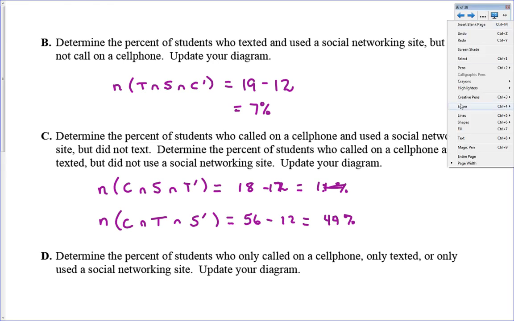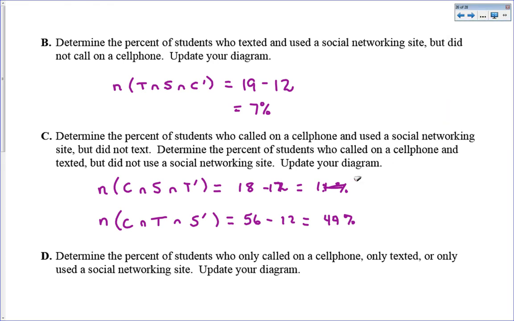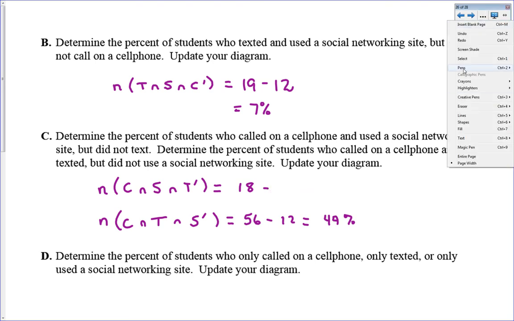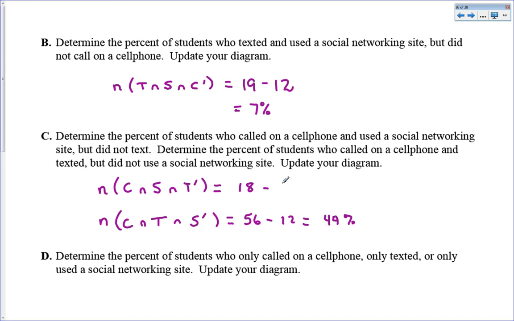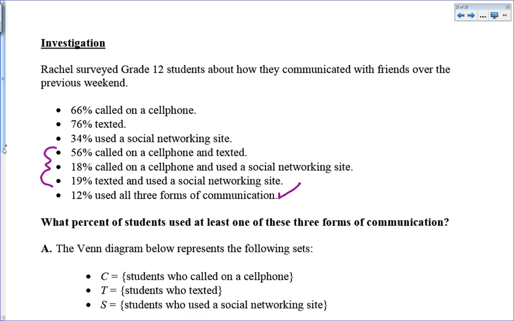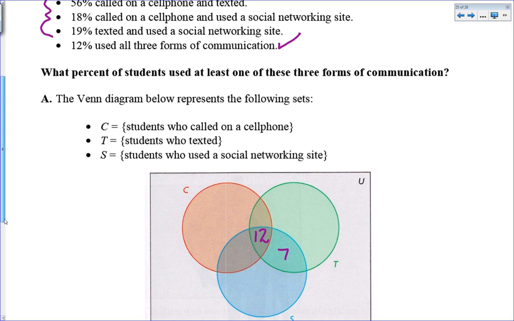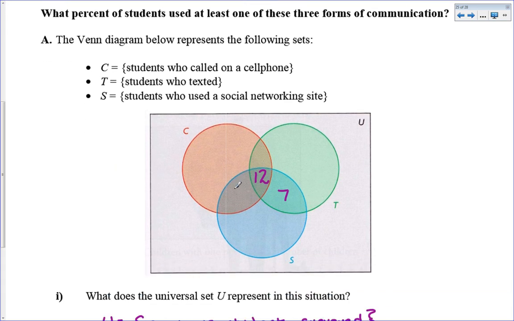Let's fix that. And that's 44, not 49. Let's just remember that. Okay, so 6 is for cell phone and social networking site, and 44 is for cell phone and texting.